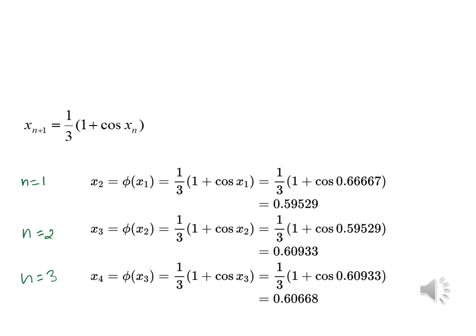Then for n equal to 2, we get x3 equal to 1 by 3 into 1 plus cos x2, using x2 from the previous step.